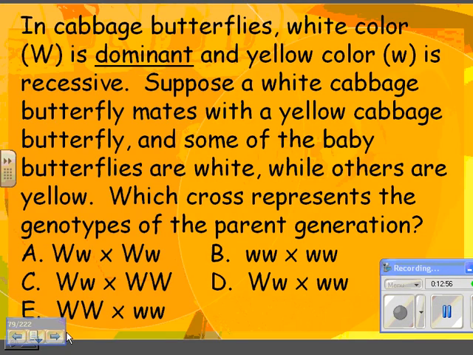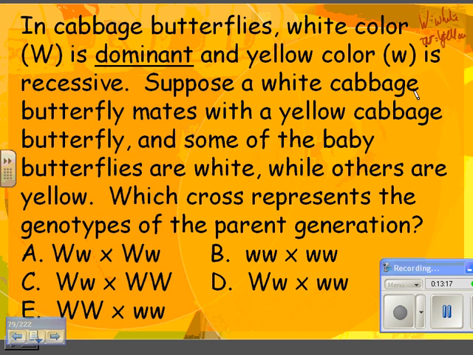Okay, cabbage butterflies. White color is dominant. So in the margin, you always want to write that out. W equals white, and yellow color is recessive. Little w is yellow.